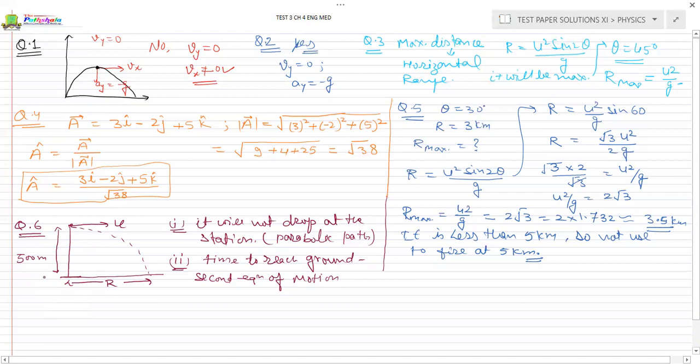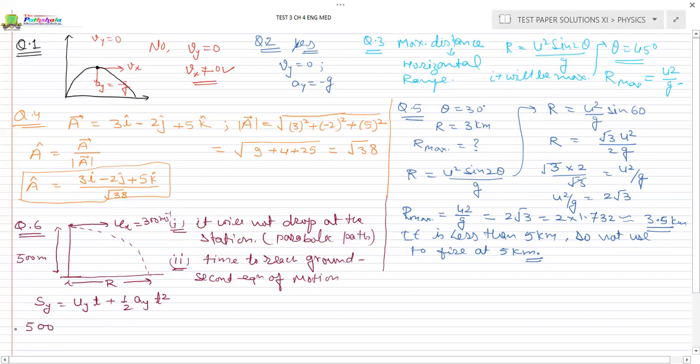So Sy is equal to uyt plus half ayt square. And initially it is only in x direction. It is given to you 300 meter per second. So uy will be equal to 0.